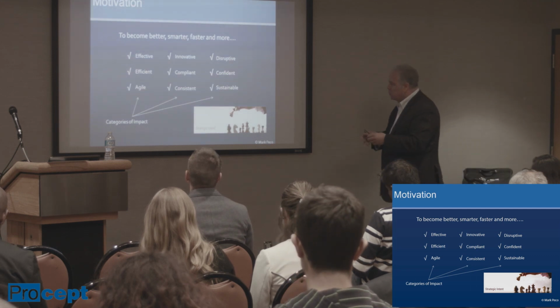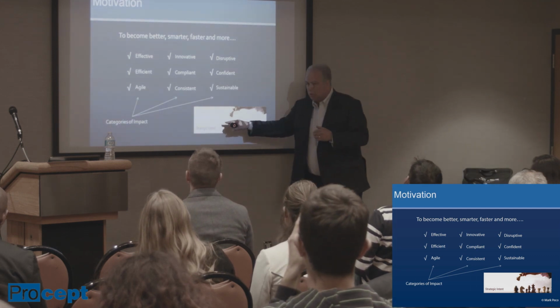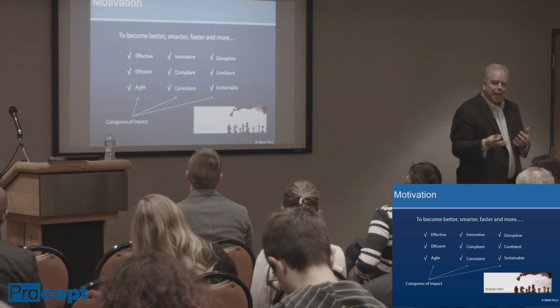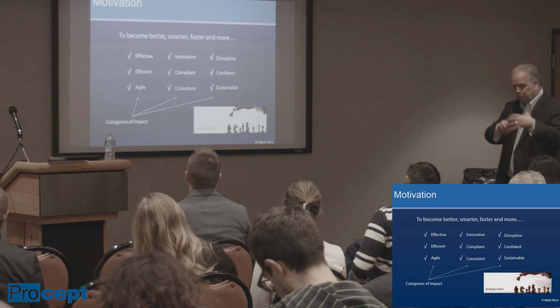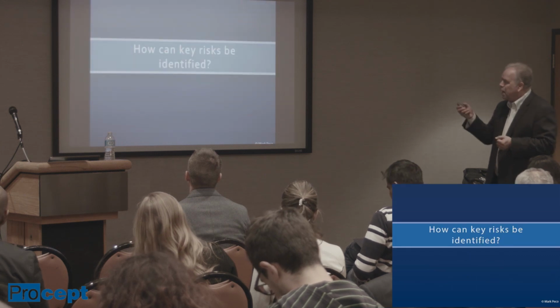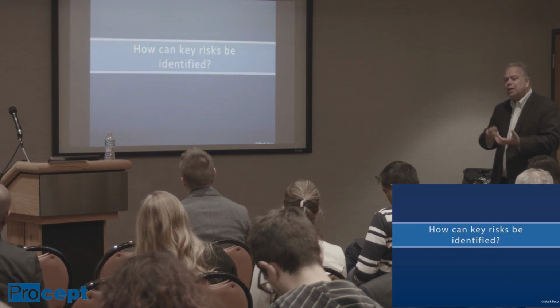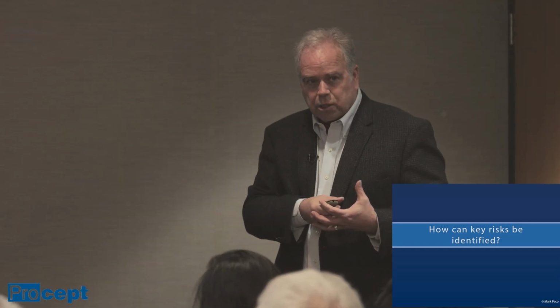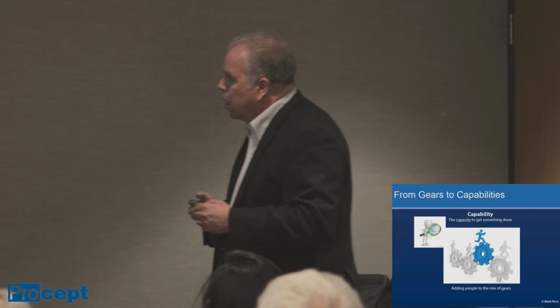So these are the categories of impact, but they're all based on the strategic intent of the company. Why do you exist? What are you trying to do? And how will these things help you get there? So this becomes the context for talking about risks, because if you're not going to get there, something's holding you back. Those somethings are risks, because there's something you haven't considered, or some random thing happened to hold back your plans to move forward.